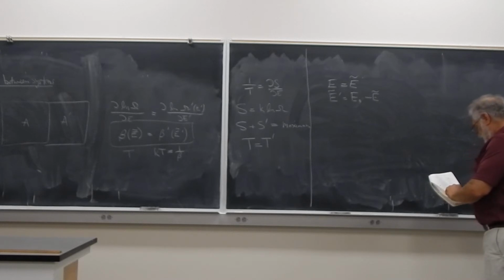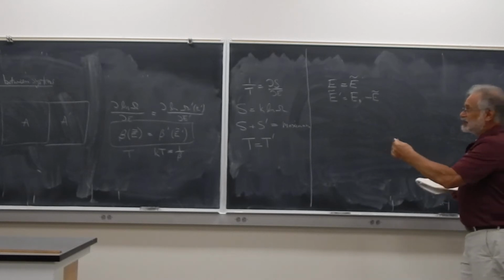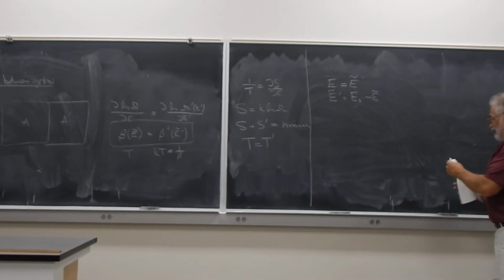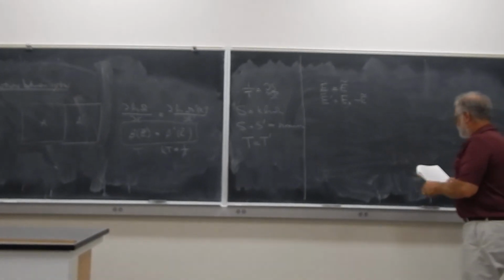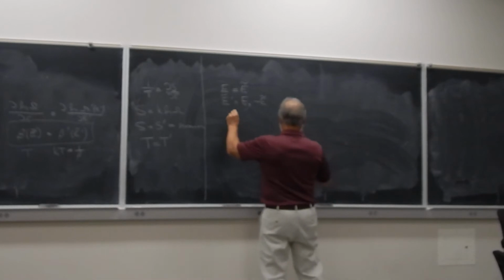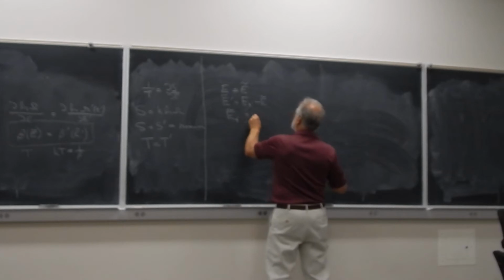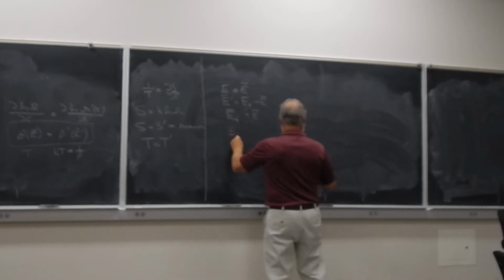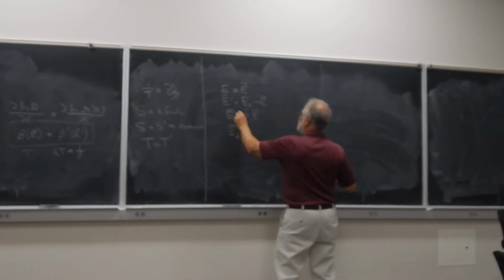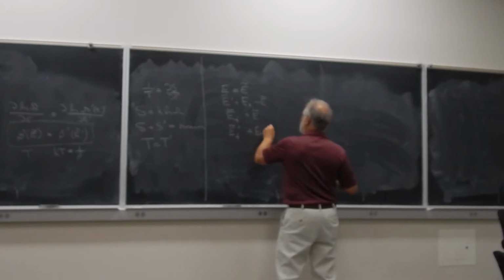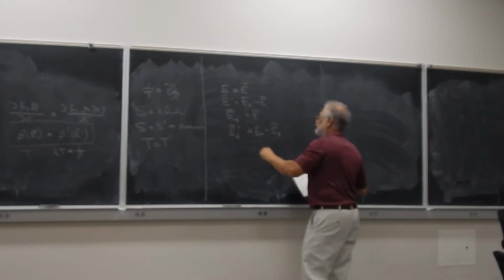Now, before thermal contact, the two systems may have completely different energies, but once they come in contact, they're going to exchange energy until we have a completely equilibrium situation, such that we can say that my final energy is going to be equal to my most probable situation, and therefore the final energy for system A prime is going to be equal to just E naught minus E final tilde.